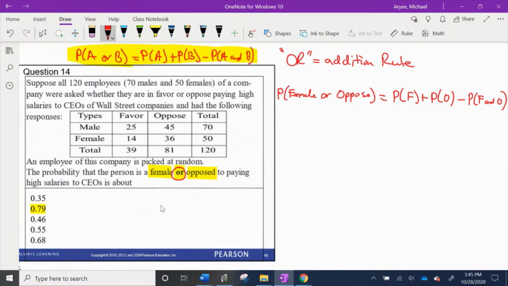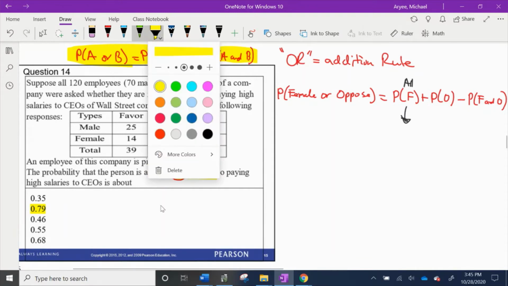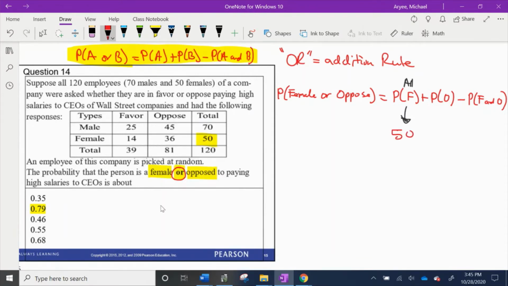minus P of A and B. So let's now understand what is going on. What is the probability of females? It means all females. Now all females made up of 50. So we're gonna write 50 divided by 120.